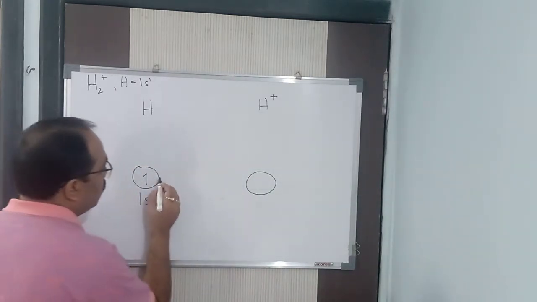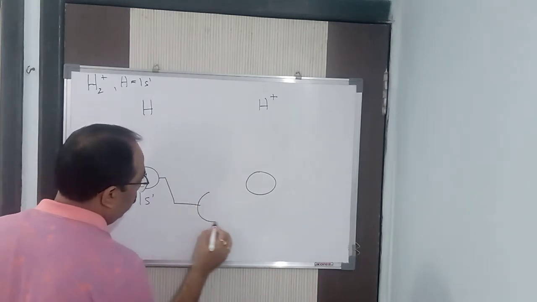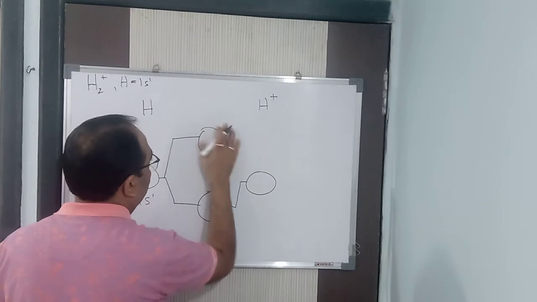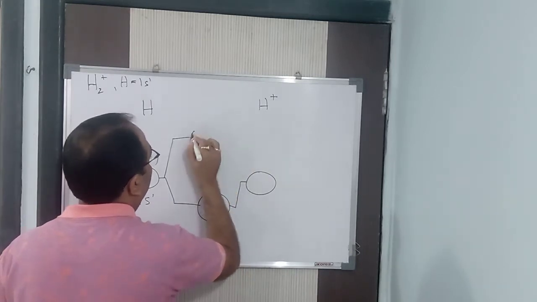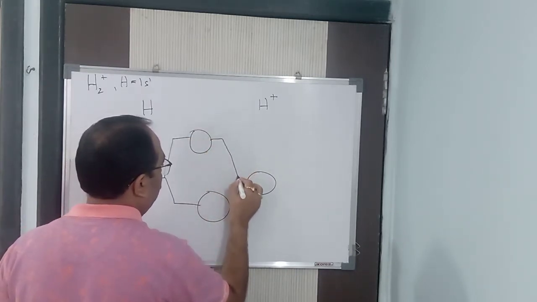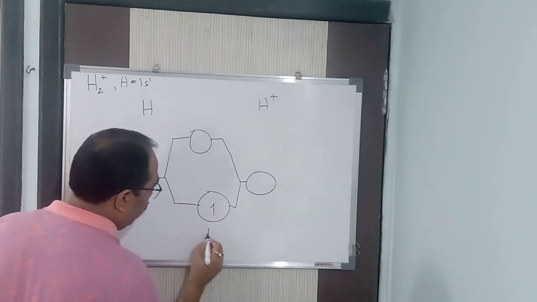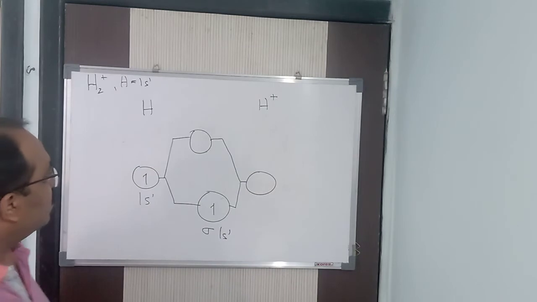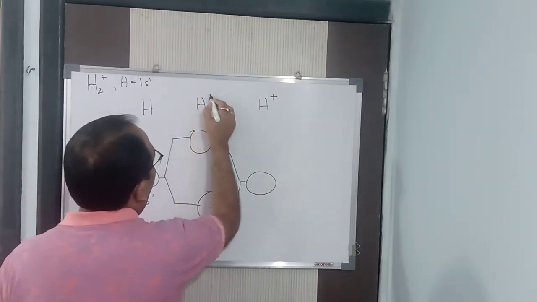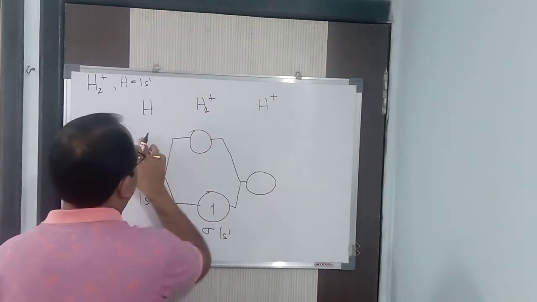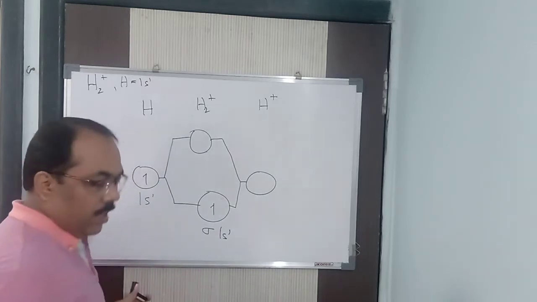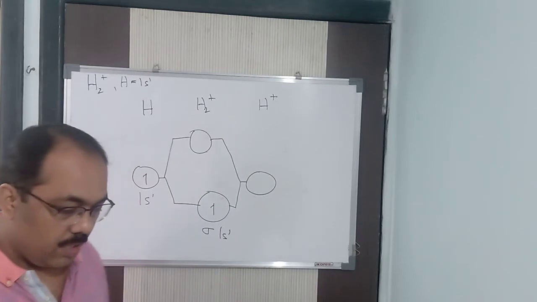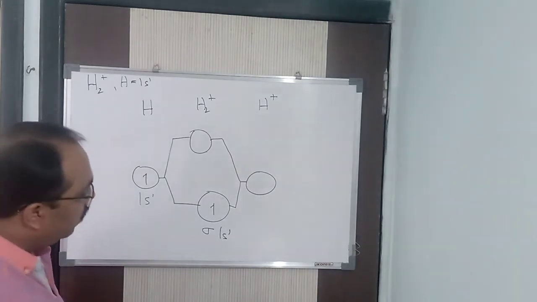So it is going to form a molecular orbital. You can see, it will be sigma 1s1. This is your H2 plus, formed from H and H plus, in this way. Clear? This is how we do the molecular orbital for H2 plus.